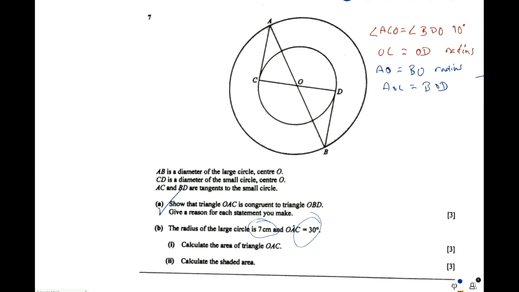The radius is 7, so the large circle is like here. This is 7, yellow color 7. OAC is 30.